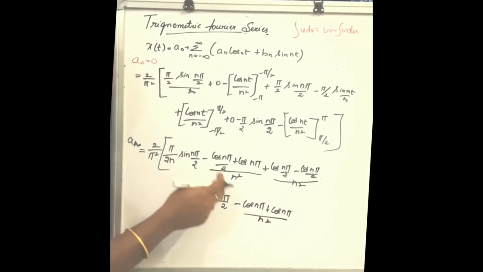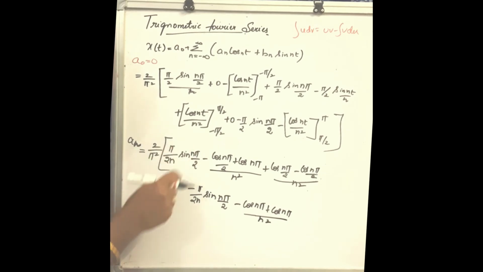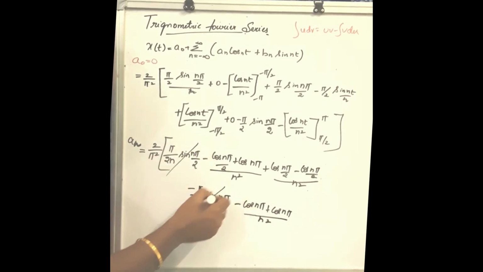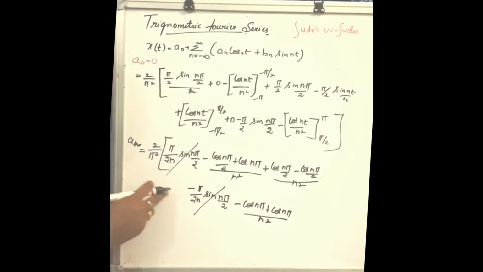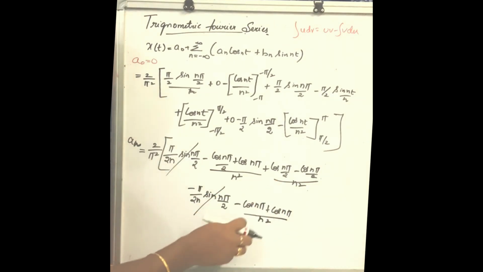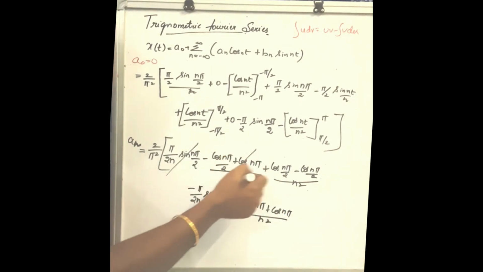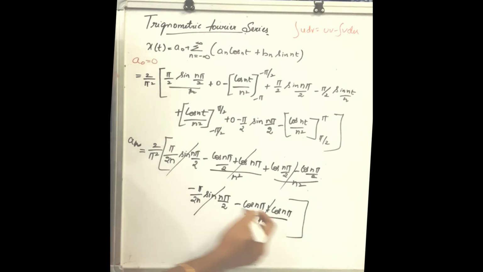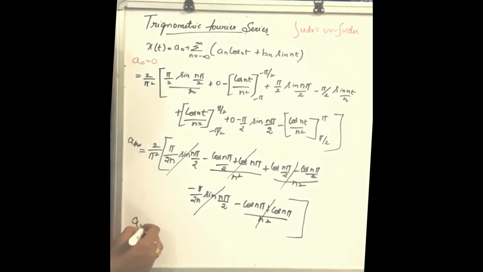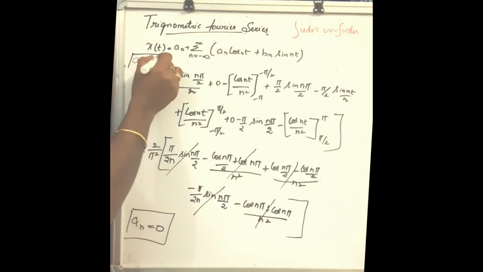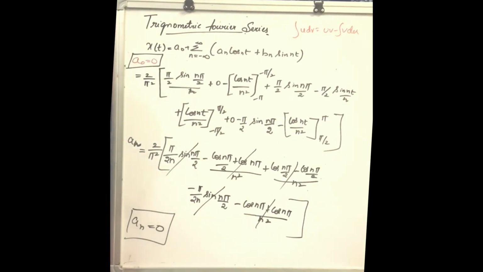If you add this and then this one, this one will get cancelled. Similarly, these three terms will also get cancelled. So finally, an will be left with 0. So your a naught is 0 and an is again 0.